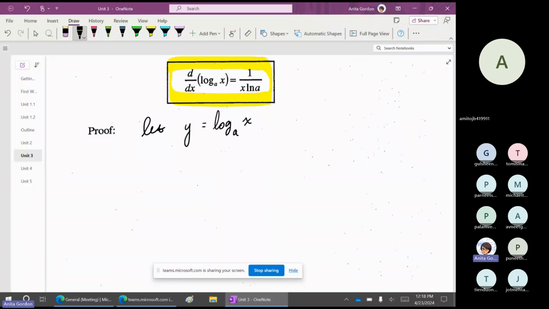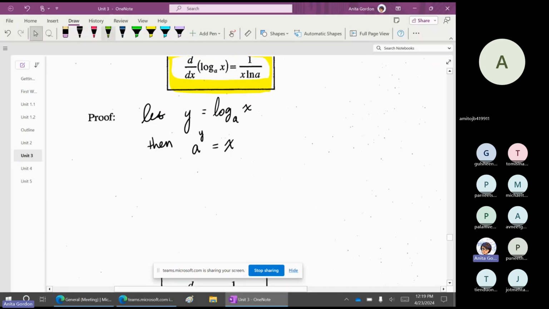We always start proofs with if-then statements. If we're assuming this is true, then a to the y equals x. Change of base, right? The inverse.